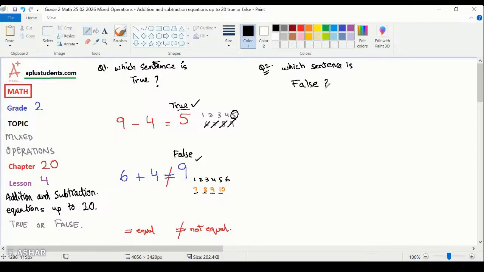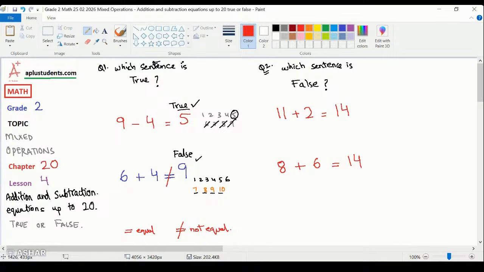If we are given two statements, we need to find which statement would be false. 11 plus 2 is equal to 14, and 8 plus 6 is equal to 14.